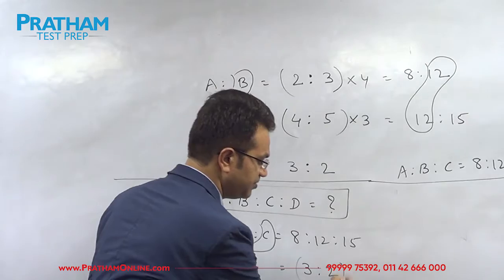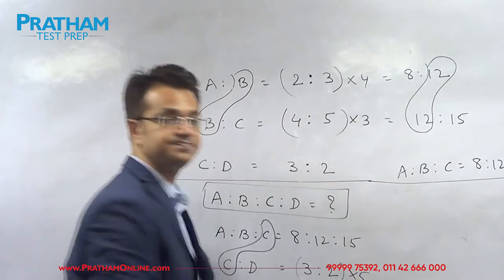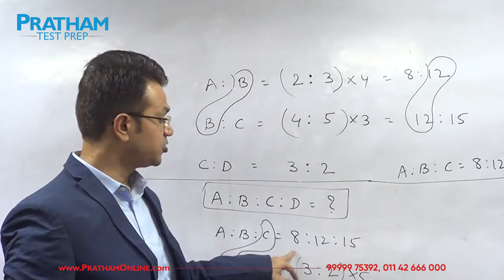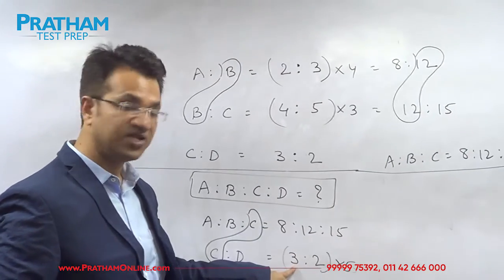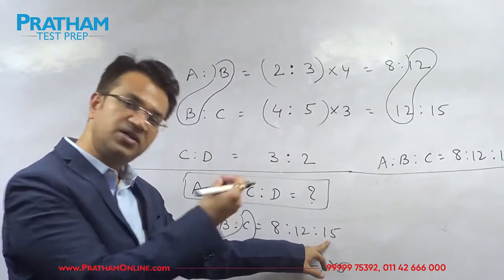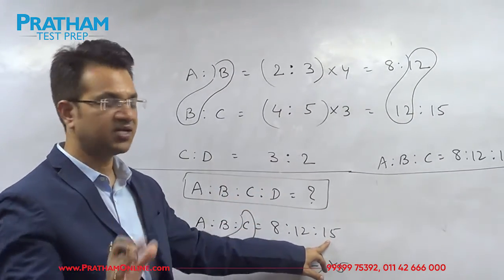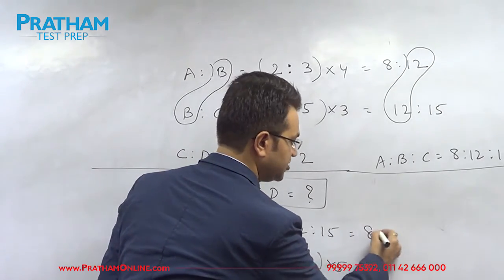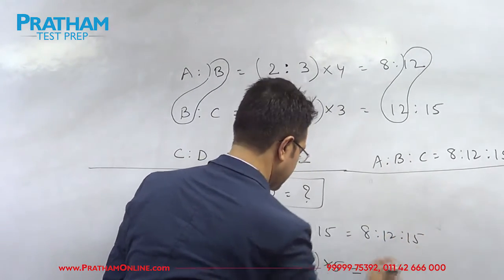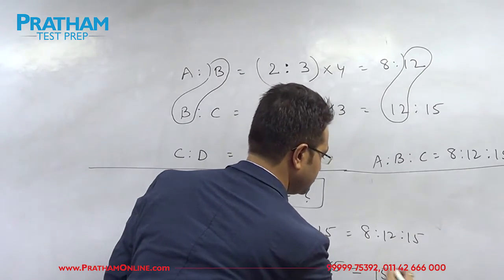Here no multiplication is required, because we know that the LCM of 15 and 3 is 15, and here 15 already is there. So this is already 8 is to 12 is to 15, and this becomes 15 is to 10.